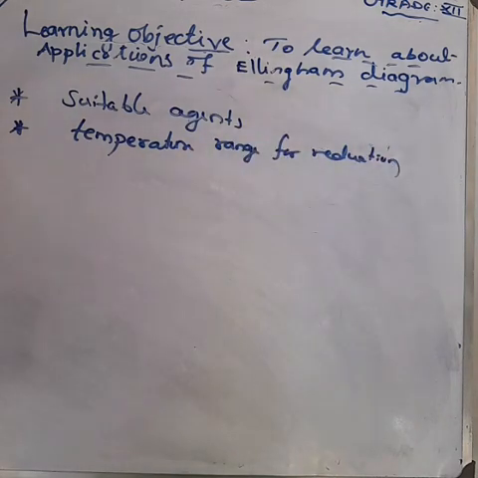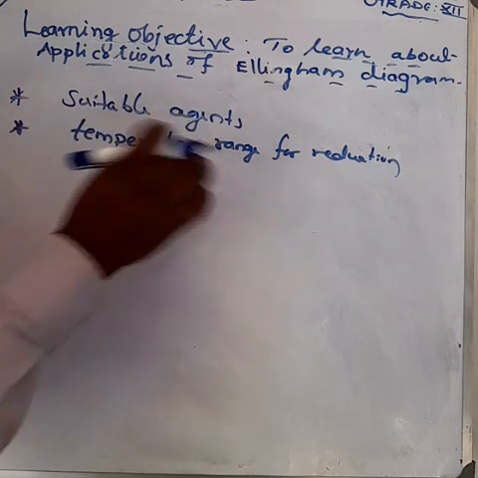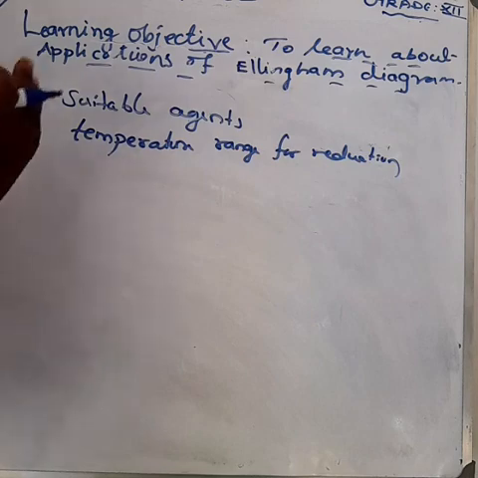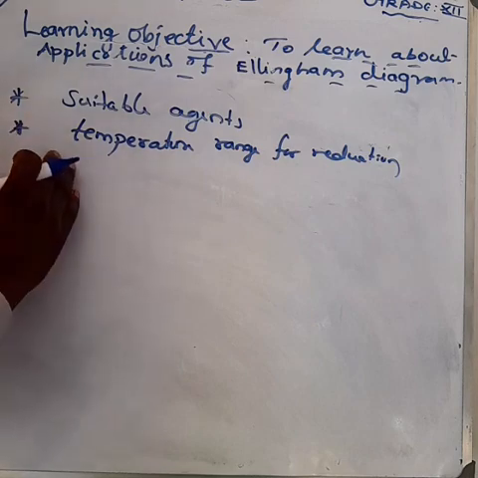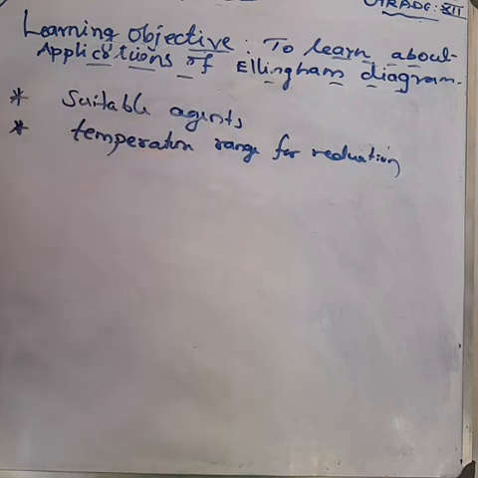One of the examples: the reduction of a metal oxide to its metal can be considered as a competition between the element used for reduction and the metal to combine with oxygen.